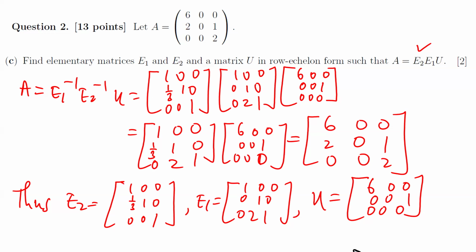If you start with the matrix A, you perform the first elementary row operation, you get the first elementary matrix. The next elementary row operation produces the next elementary matrix. The third one, and then this is going to produce the result B, or in this case, the result U, for example.